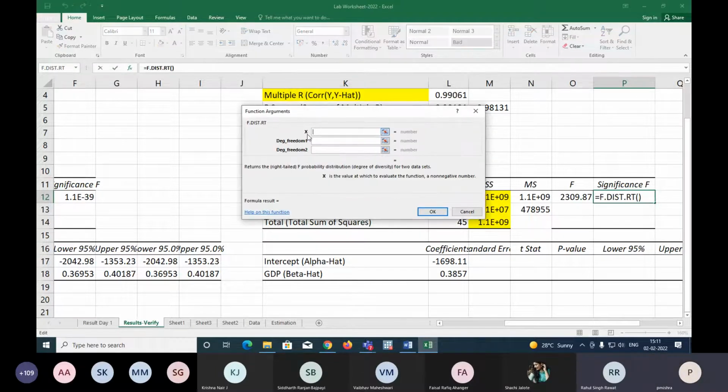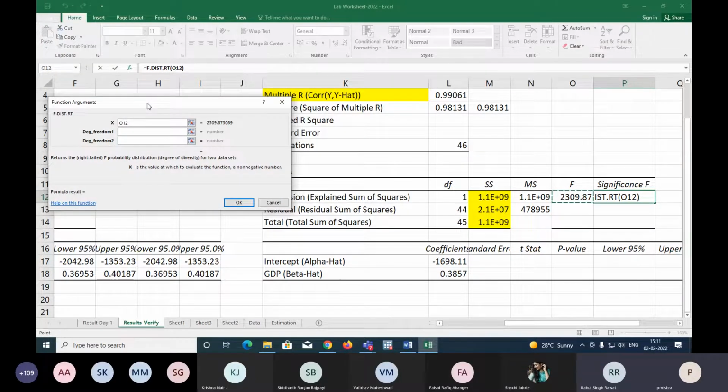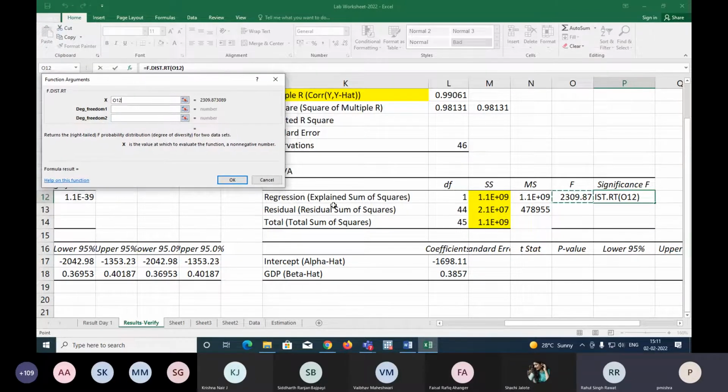Put X means put the value of F. Then degrees of freedom 1 means degrees of freedom for the numerator. In the numerator, we have mean of explained sum of squares. Hence, the degrees of freedom would be equal to 1. And for degrees of freedom 2, basically for the residual sum of square, which is 44 here. So it would be 44.